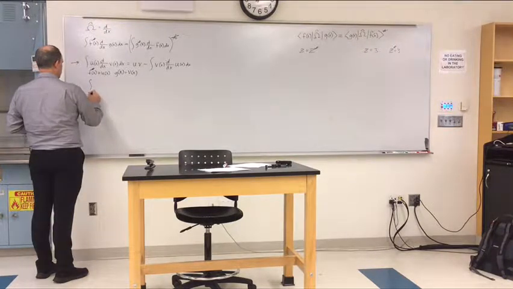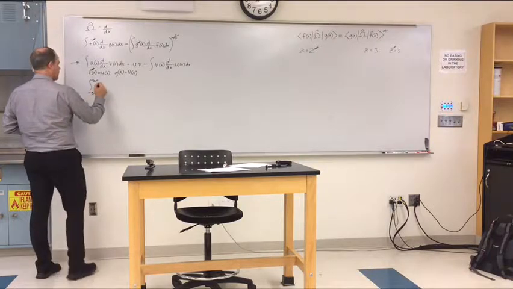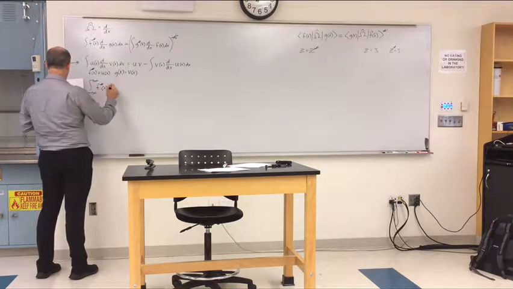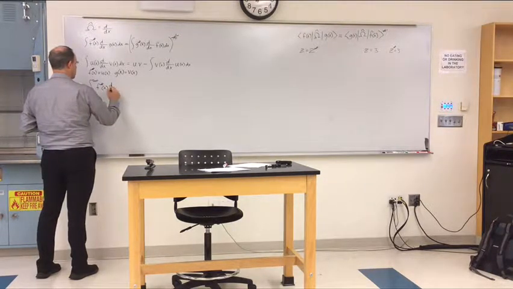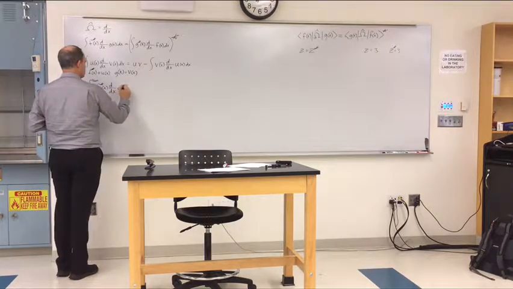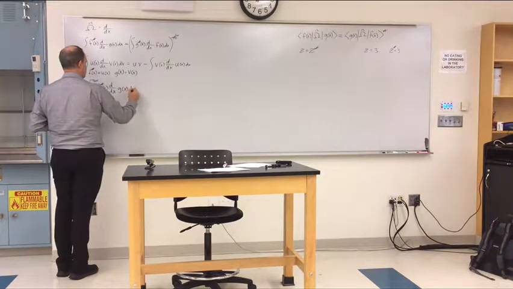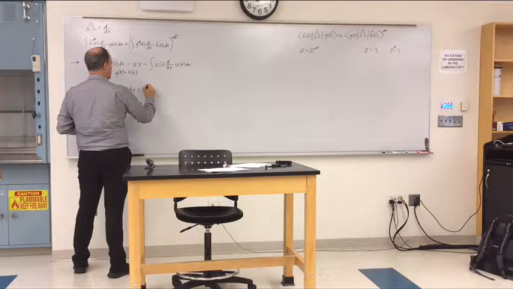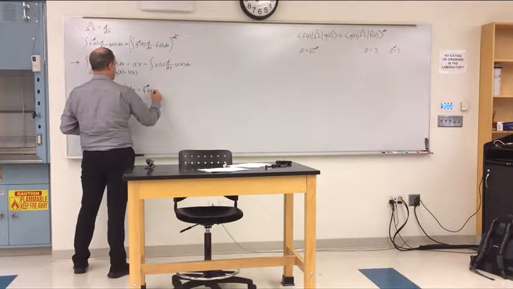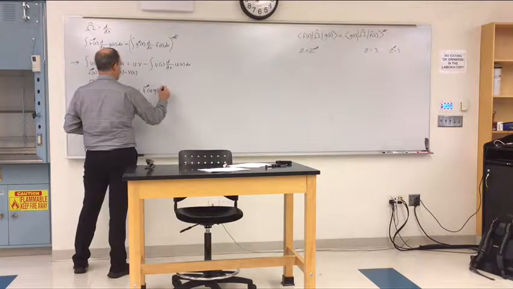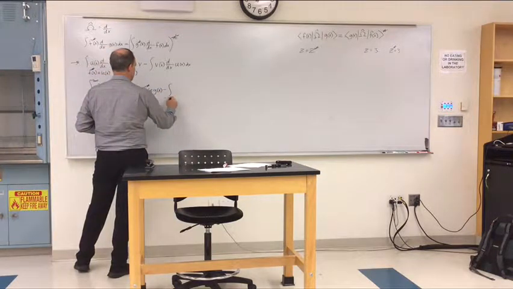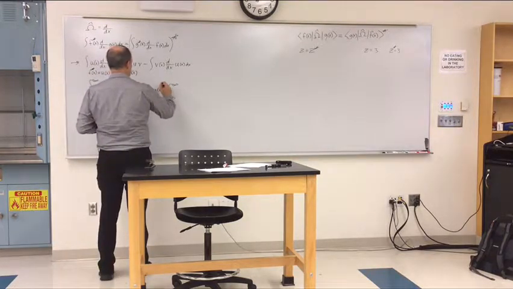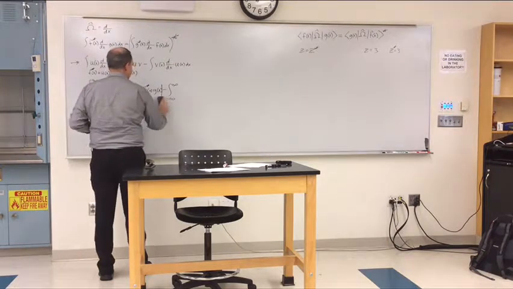Integral from negative infinity to infinity of f star of x, so the complex conjugate of f, times g of x dx would be equal to f star of x, g of x minus the integral from negative infinity to infinity of these two evaluated. Let me give myself a little bit more room.